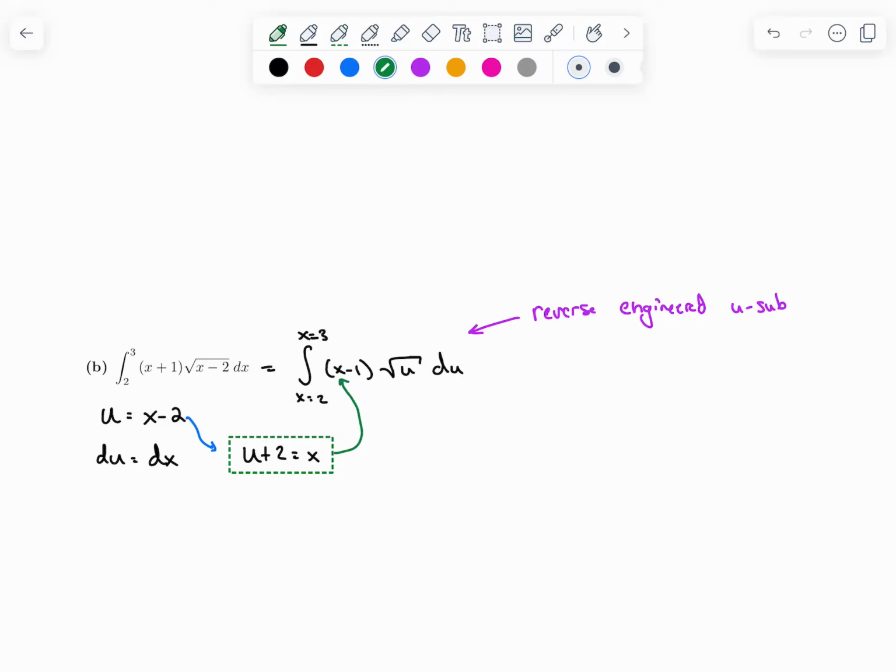By the way, for this one I'm going to be doing option 2, where I keep the bounds the same. I'm going to keep them as x bounds, just so we get practice with both.